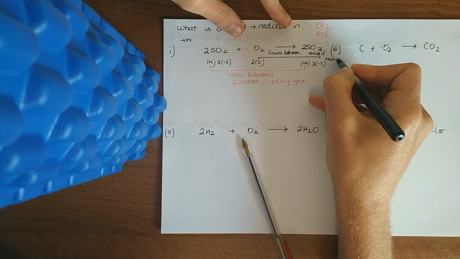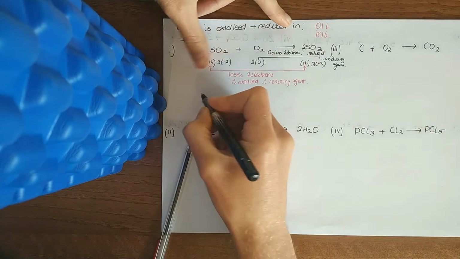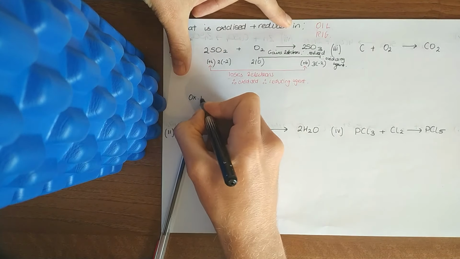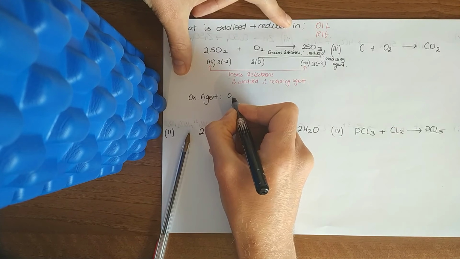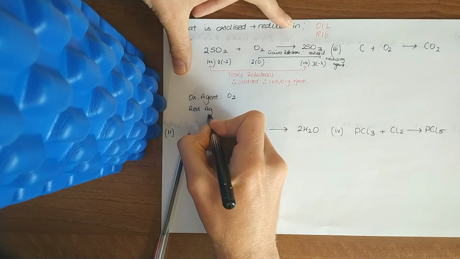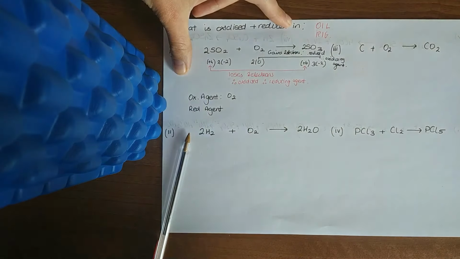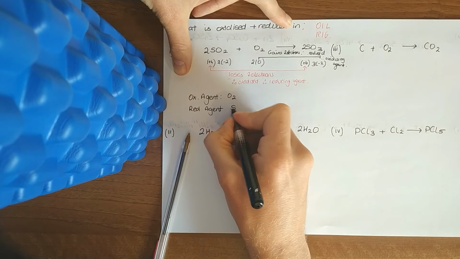Therefore, the O2 is the oxidizing agent. If they ask you specifically what the oxidizing agent is, be precise. Write it down. The oxidizing agent is O2 and the reducing agent is SO2.